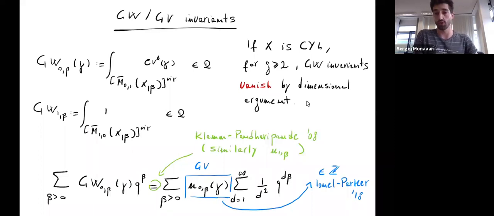This was done for threefolds. It was also done for fourfolds by Klemm and Pandharipande in 2008. Here I'm displaying the formula for genus 0, but there is an analogous formula for genus 1, where they wrote a multiple cover type formula, you see it here, introducing these invariants that I'm going to call GV invariants, which are conjecturally integer.